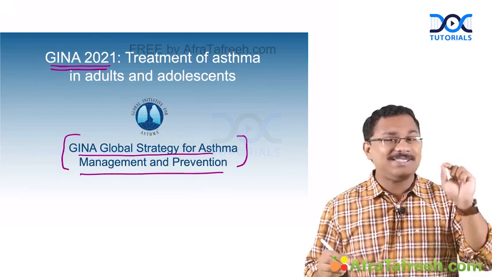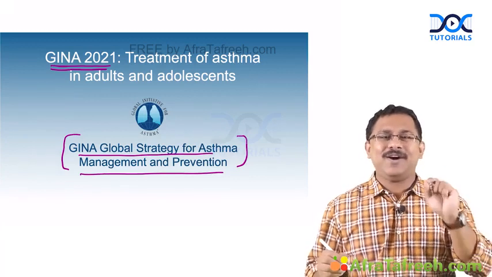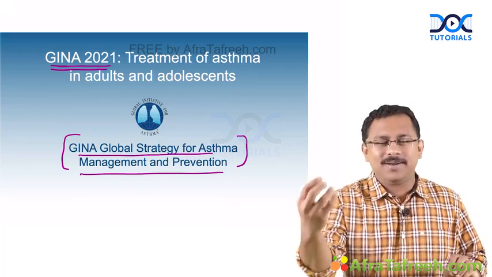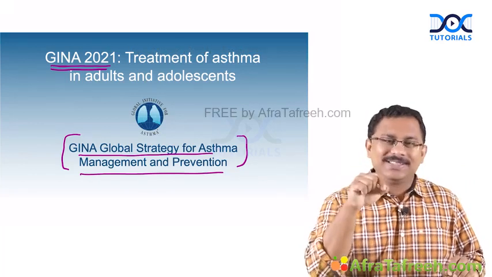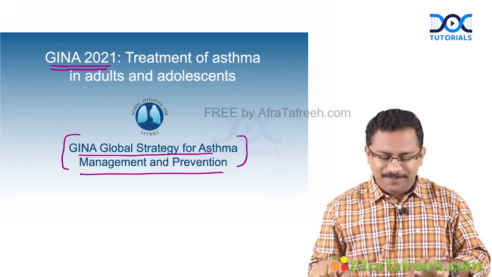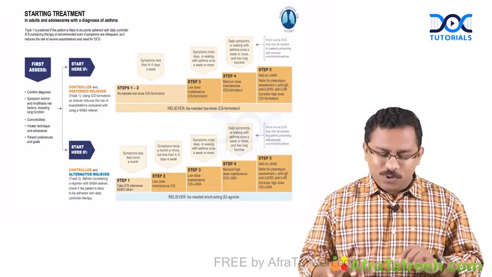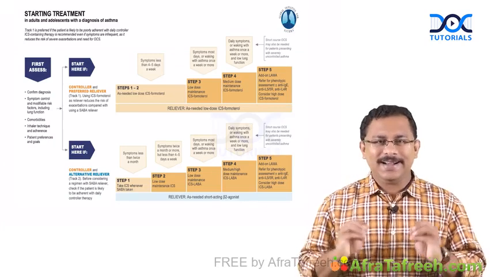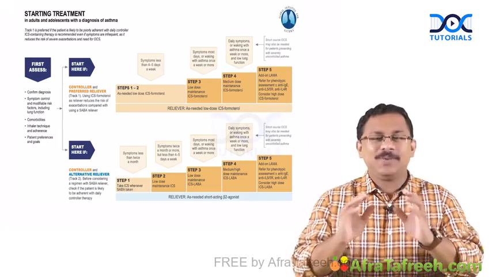Okay, once again, what is JINA? Global Initiative for Asthma. Just like you would equate the term gold to COPD, JINA has to be equated with bronchial asthma. Very important. All right. Okay, so this is what we are going to learn with respect to the JINA guidelines of bronchial asthma management.